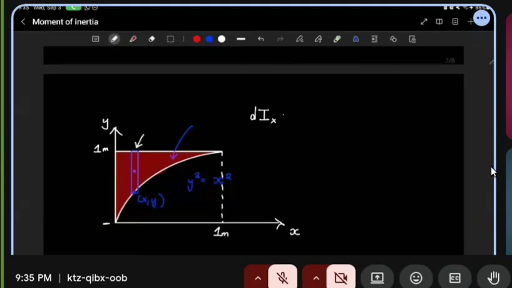So it will be dIx is equal to the moment of inertia about the centroidal axis for that selected section, plus the area of the differential area, multiplied by the distance between the axes squared.